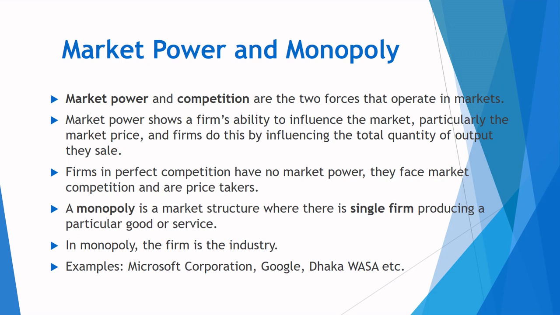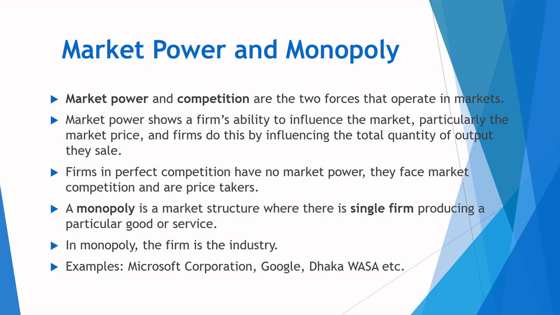That means there is no competition in the market, and the monopoly itself is the industry, because there are no other firms in that market. The monopoly itself is the total market or the industry.